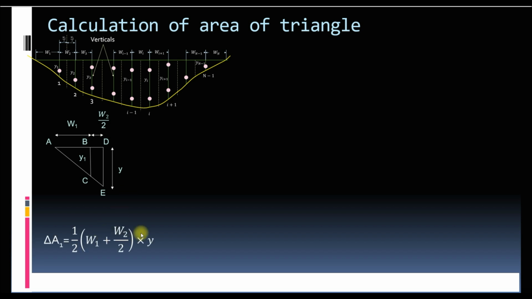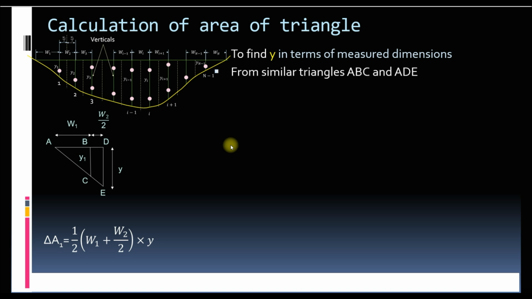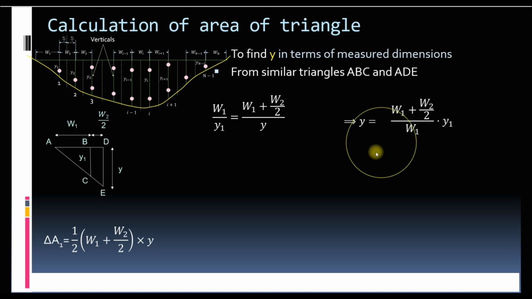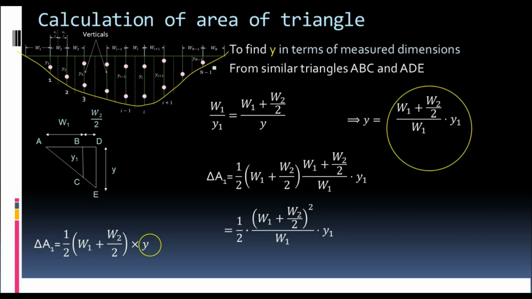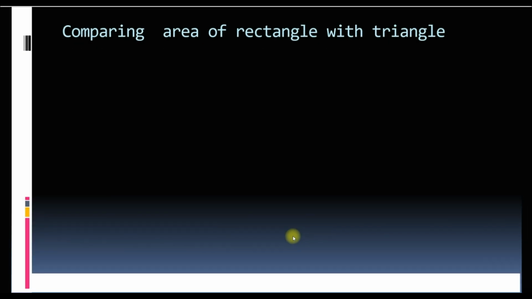We can express Y in terms of W1, W2 and Y1 by using similarity of triangles ABC and ADE. So W1 by Y1 is equal to (W1 plus W2 by 2) by Y. The value of Y can be substituted here. So the area of triangle ADE comes out to be square of (W1 plus W2 by 2) into Y1 divided by 2W1.